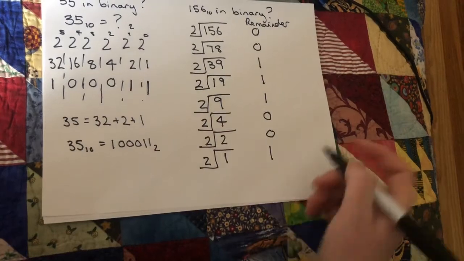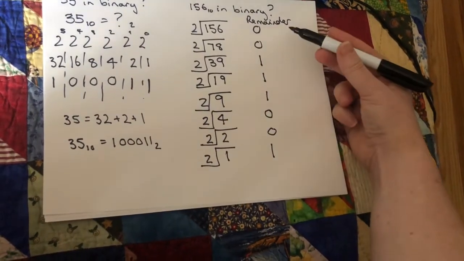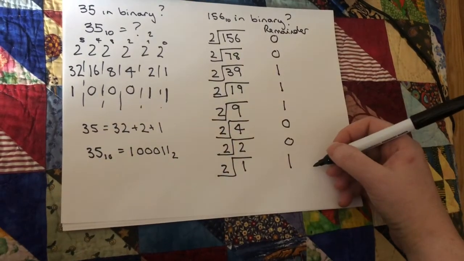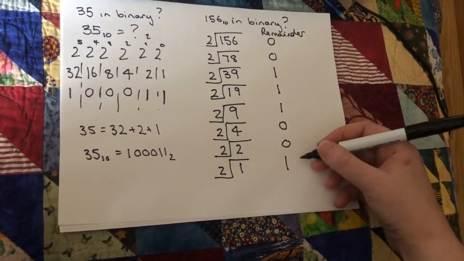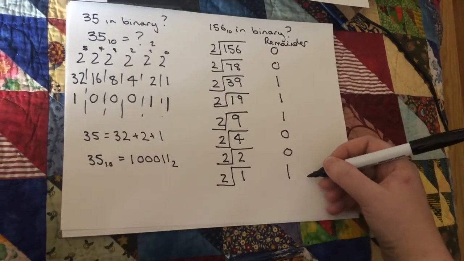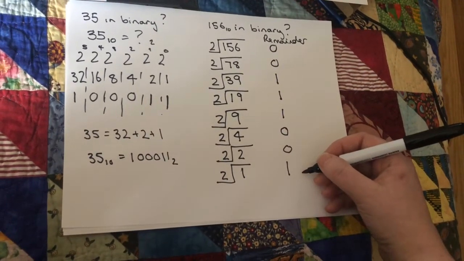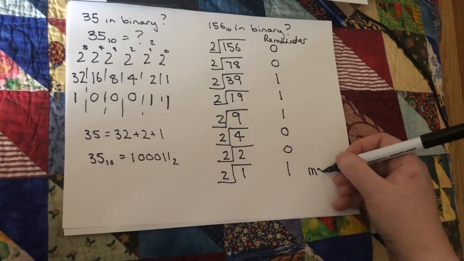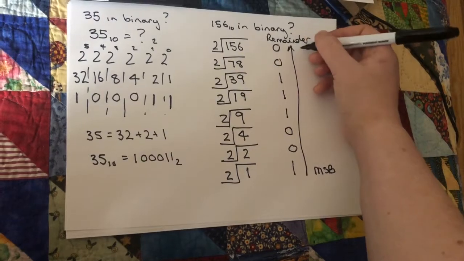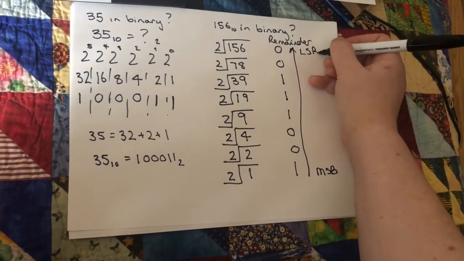So, to read this, since it's a little less intuitive than this approach, you need to remember that this is what they call the MSB, the most significant bit. So this is the most significant bit, and it goes down to the least significant bit.